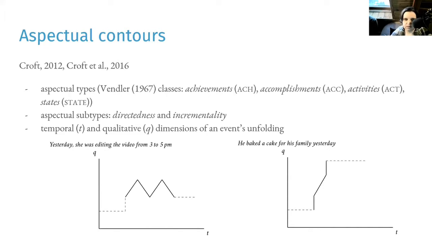The first one that we want to mention and incorporate in our model is directedness, according to which directed events contain a natural endpoint towards which the event is directed, and they can be either telic, when the phase of reaching an endpoint is profiled in the aspectual contour, or atelic, when it is not.